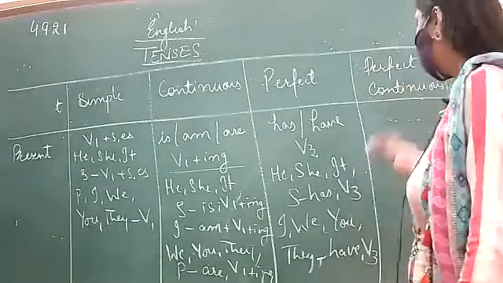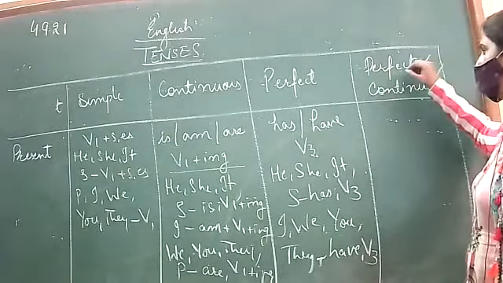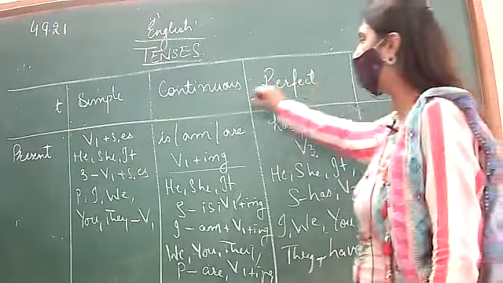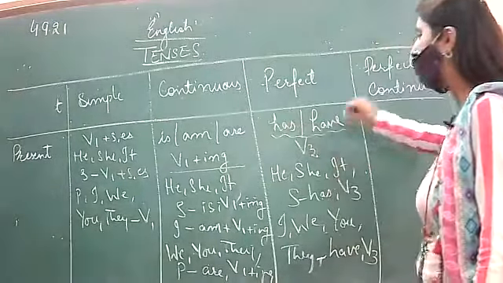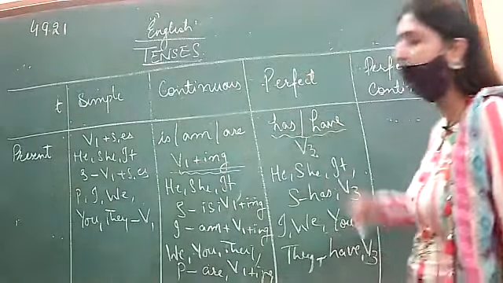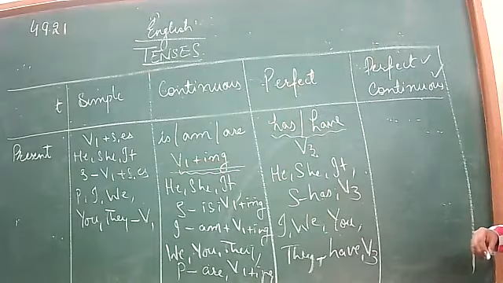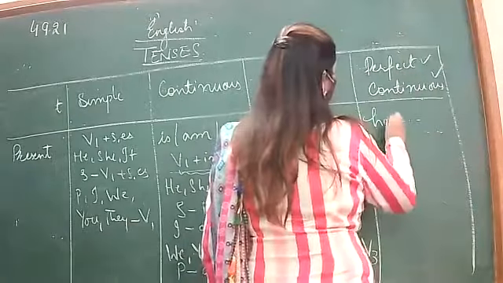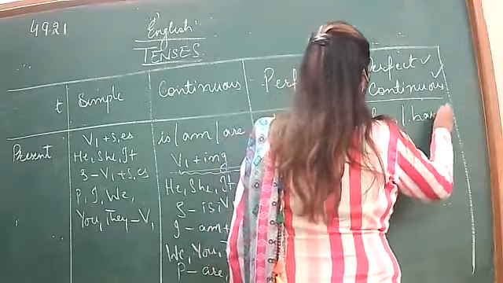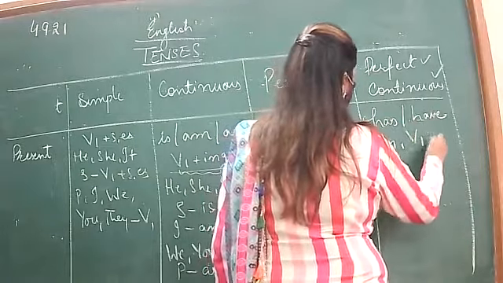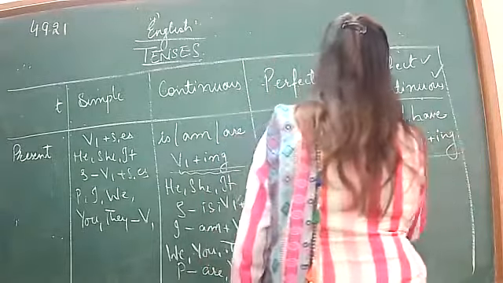Okay. So this tense is a blend, a mixture of the conditions of perfect as well as continuous tense. From perfect we are taking has and have. From continuous we are taking verb first form plus ing, and one more thing is to be introduced here, that is been. So it will be has, have, been, then verb first form plus ing is used.